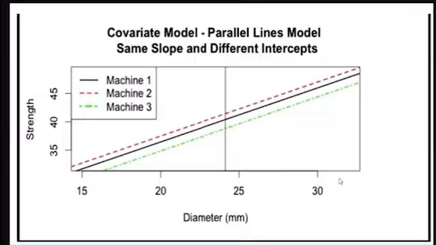Don't forget, we want to compare the strength produced by 3 machines, taking diameter into consideration. What have we done here? This is a plot of the response variable against the factor, which is machine, and the covariate diameter. What can you see? Different intercepts, but the same slope.